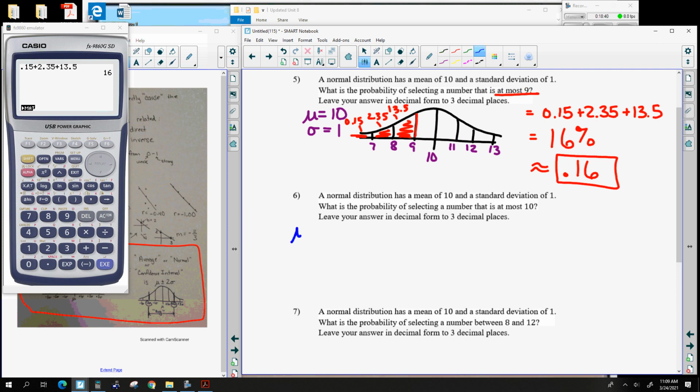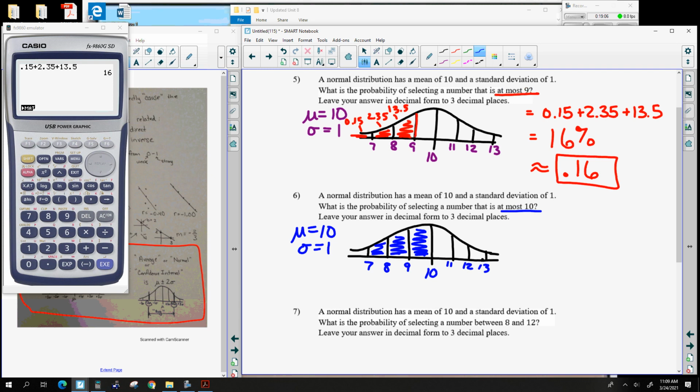All right, so again, we have an average of 10, standard deviation of 1. Here they want at most 10.